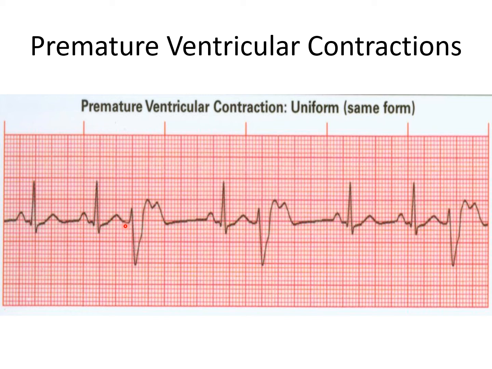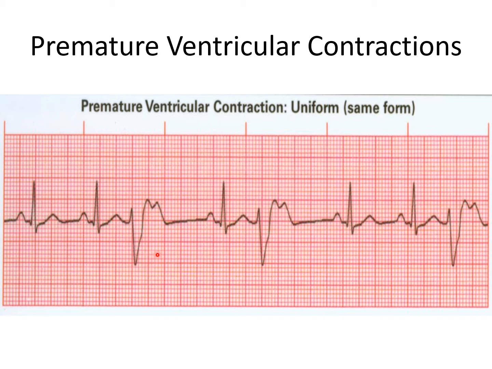Now, instead of waiting for the next P wave to come, which is what's supposed to arrive at this time, the ventricles decide to contract. Whoa, whoa, whoa, slow down your horses. You weren't supposed to contract yet. You're not supposed to contract until after the atria contract. So this came early. Now look how I'm circling this.